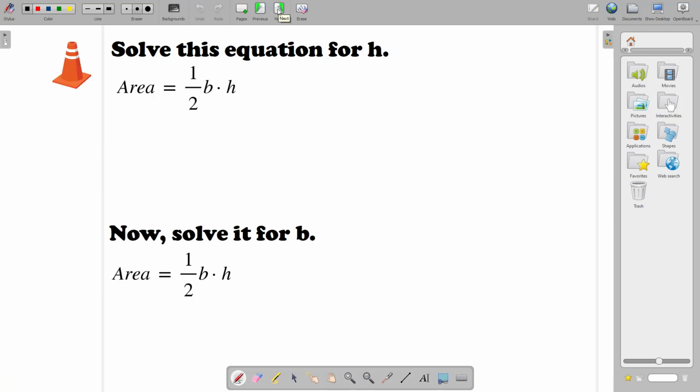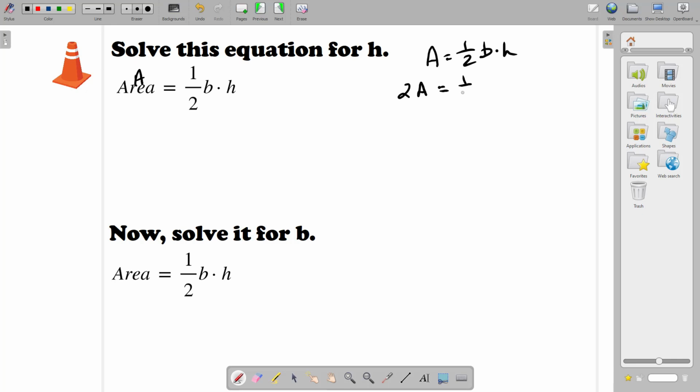Let's take this equation, and area I'm going to just simplify as A, and here we want to solve for H. So the first thing that I'm going to do, I'm going to write it over here first. I'm going to get rid of this fraction, and I'm going to do that by multiplying both sides by 2.